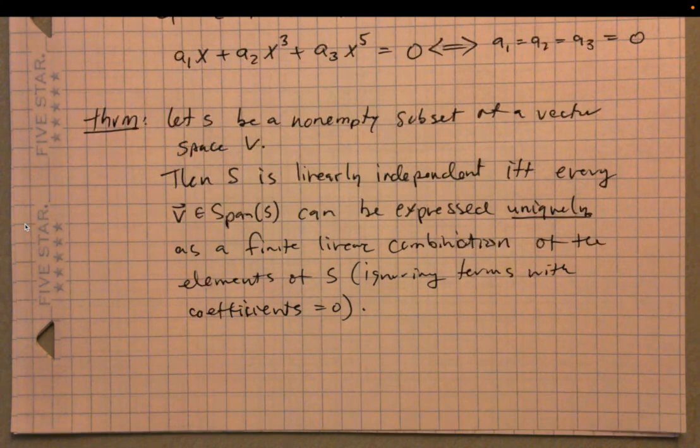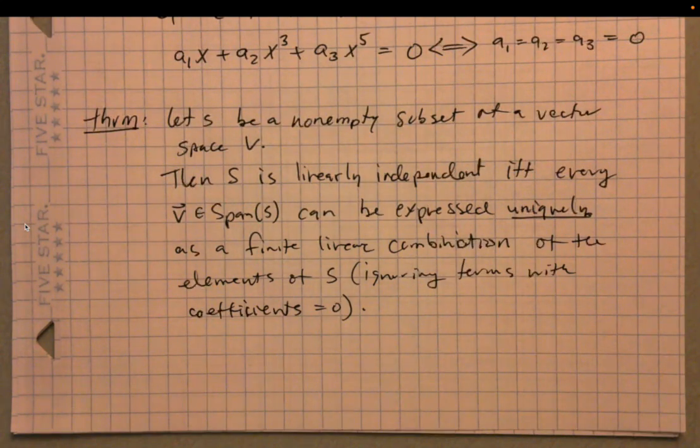All right. Okay, so what is this saying? This says, S is a linearly independent set if and only if every vector in the span of S has a unique linear combination of the elements of S, right? So if S is linearly independent, then anything in the span of S can be written as a linear combination of the elements of S, and not just that, can be uniquely written, right?